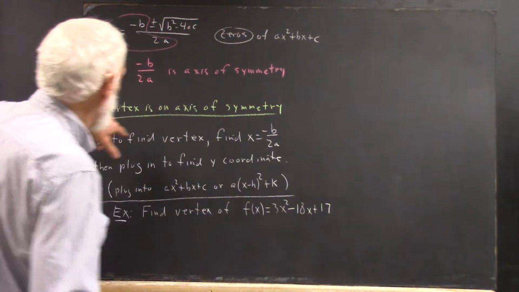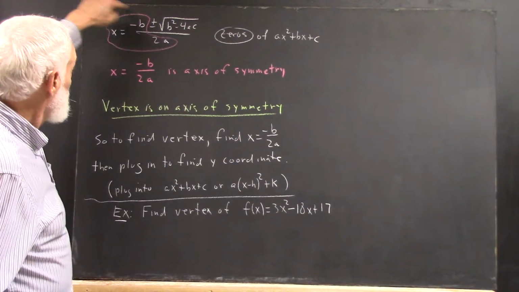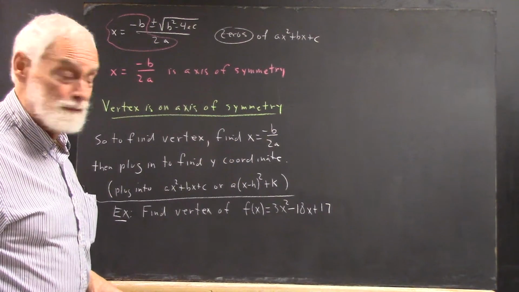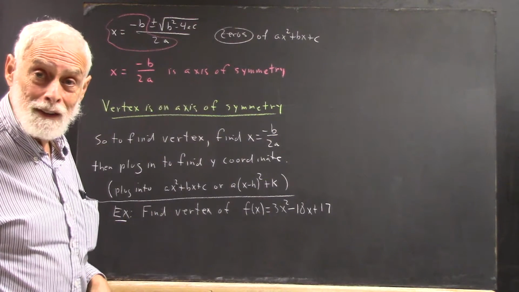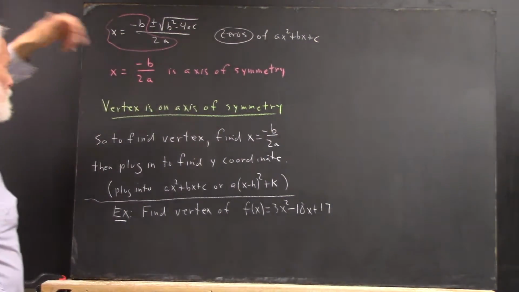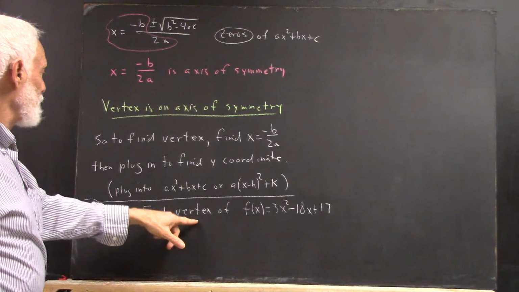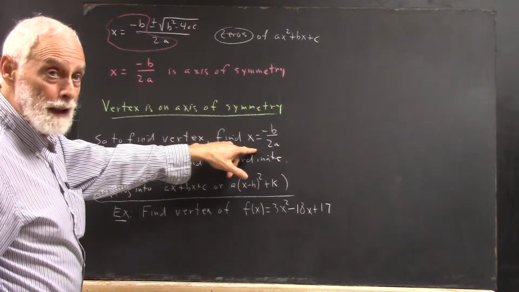But to find the vertex, you can isolate just what I circled in red, or whatever that color is, reddish pink, pinkish red, and find the axis of symmetry. And to find the vertex, you find the axis of symmetry, right?